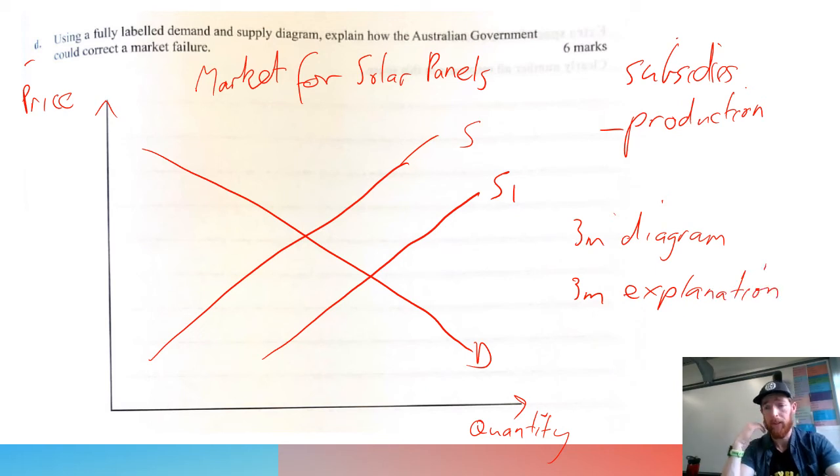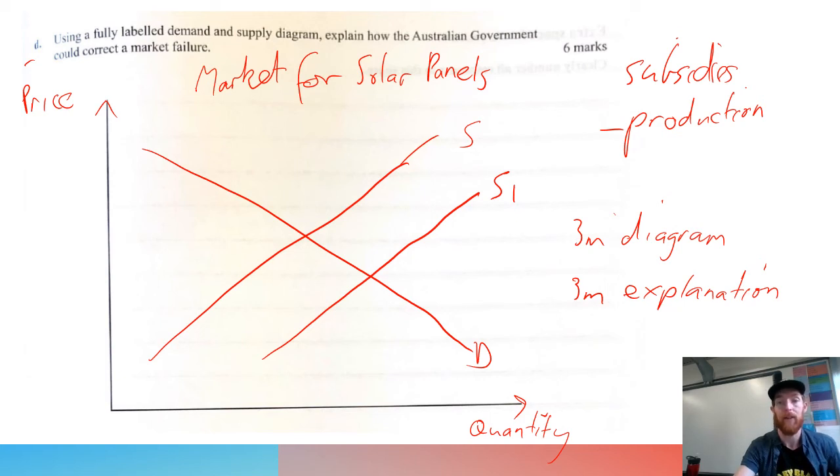And so you talk about subsidies. What are subsidies? Subsidies are like a cash payment to businesses to incentivize them towards a certain form of production. Cash subsidies for businesses producing solar panels help bring down the cost of production and therefore incentivize them to produce more solar panels. You probably define market failure too, actually. Market failure is any situation where the allocation of resources does not maximize living standards.